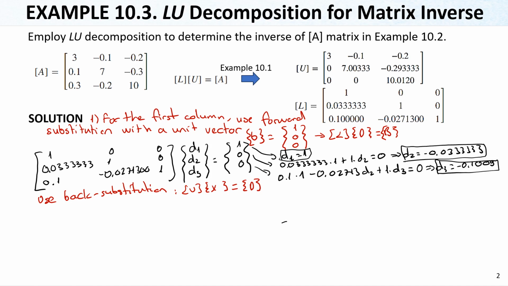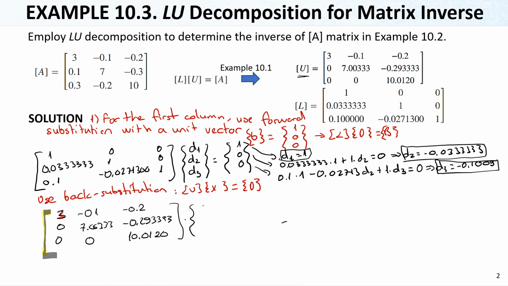In here, the U matrix is, sorry, let's write it in black. Actually with this 3, 3, 0, 0, the U matrix from here, minus 0.1, 7.00333, and 0, minus 0.2, minus 0.293333, and 10.0120. This is U times X, and we don't know the X's.